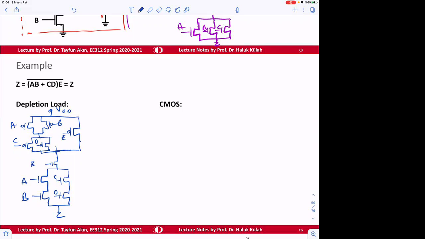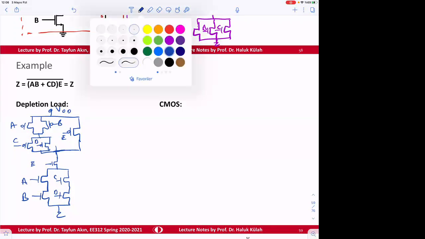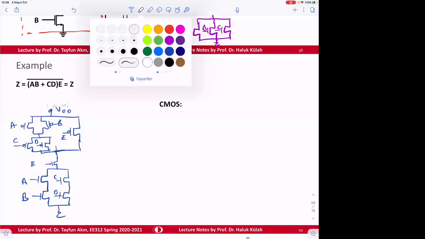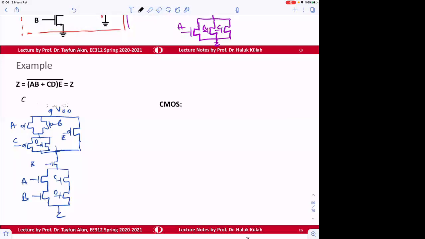This one is the CMOS one. So this is CMOS.